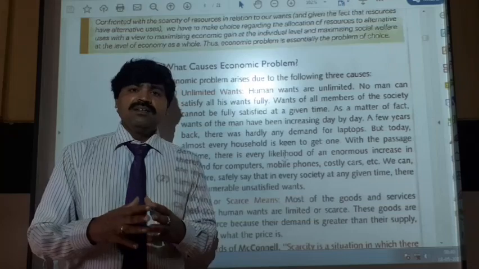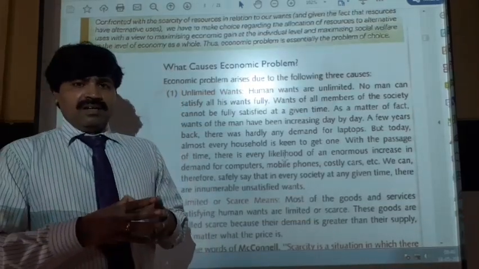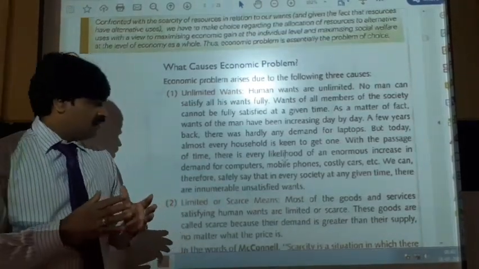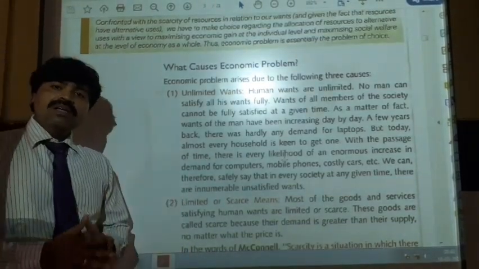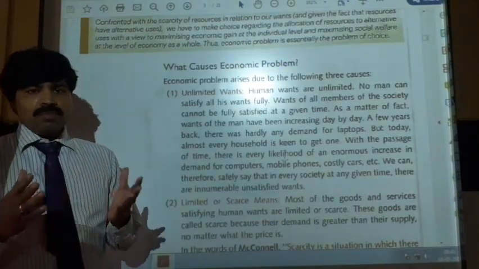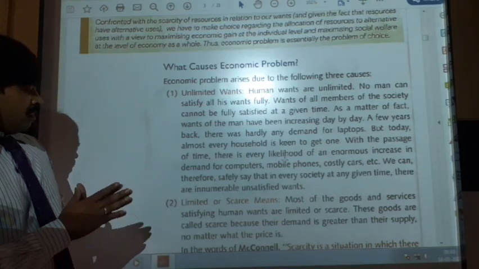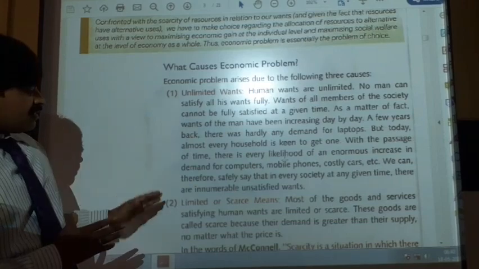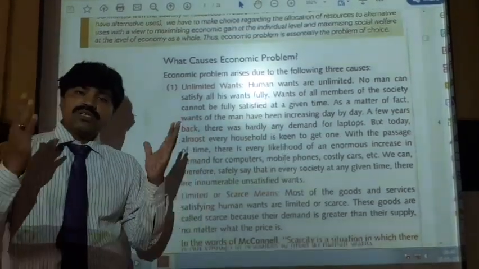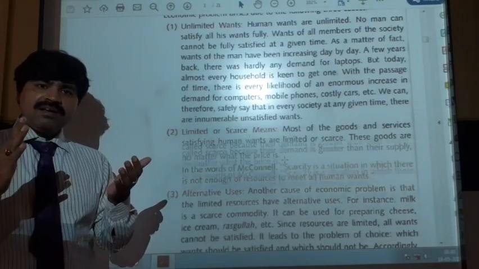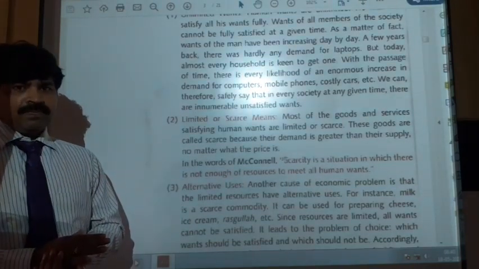Suppose in India there is a large population and we can't fulfill all the needs of our population by the given resources. We have unlimited wants, but the resources to satisfy our needs are limited or scarce.